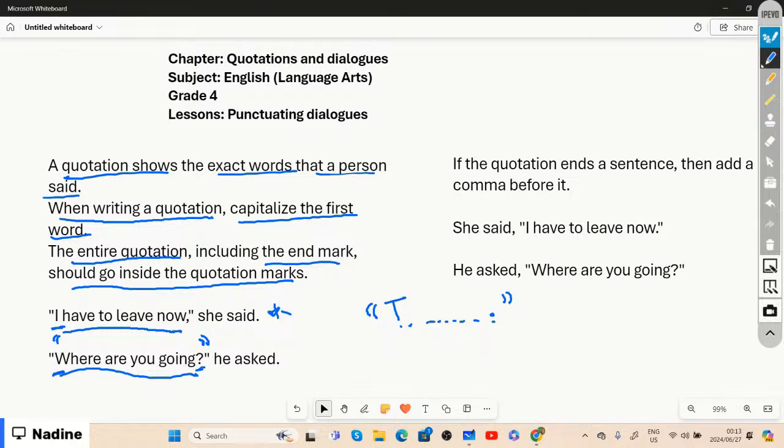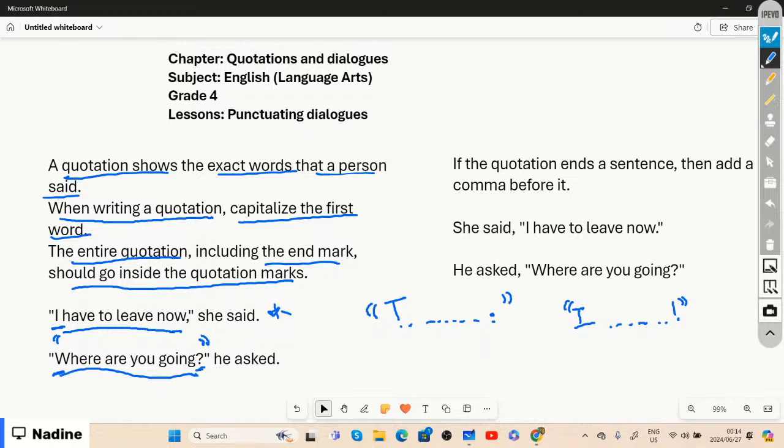Keeping in mind that whenever we show the exact words that the person is saying, you need to write it within quotation marks. And when writing the quotation, we need to capitalize the first word. And the entire quotation, literally within these two quotation marks, we start with the capital letter and we end with an end mark.